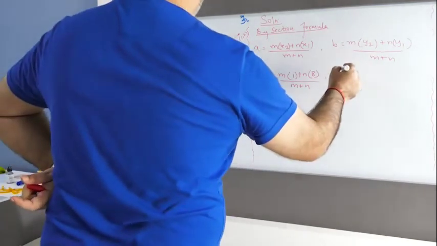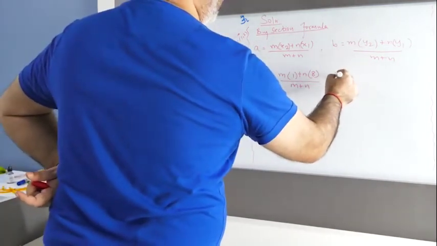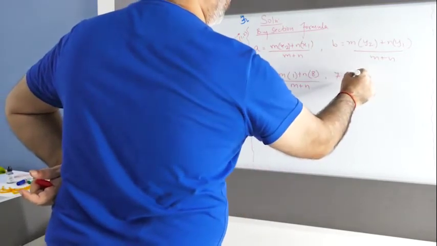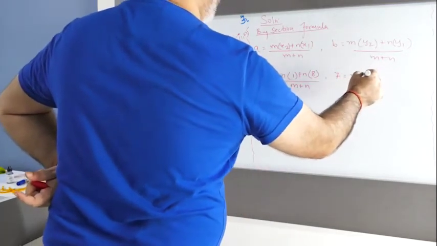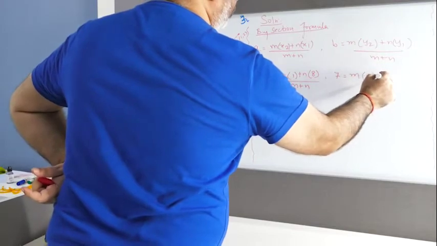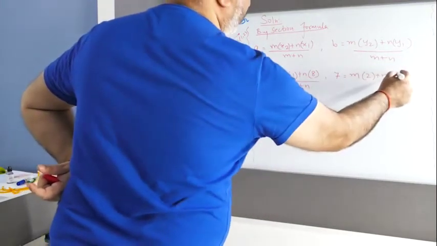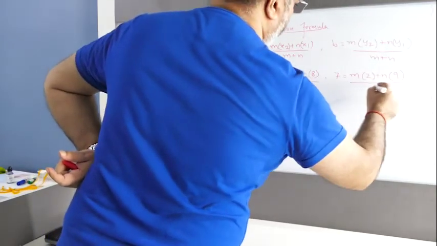Similarly, here the value of B is 7. What is the value of m? We don't know. What is y2? 2. N into y1. What is y1? 9, upon m plus n.